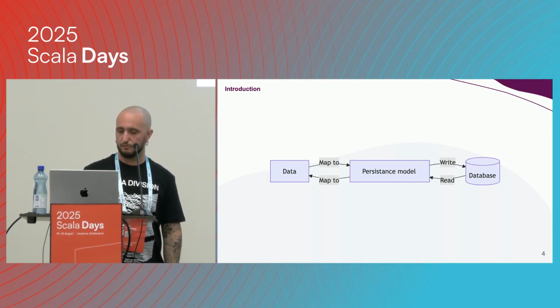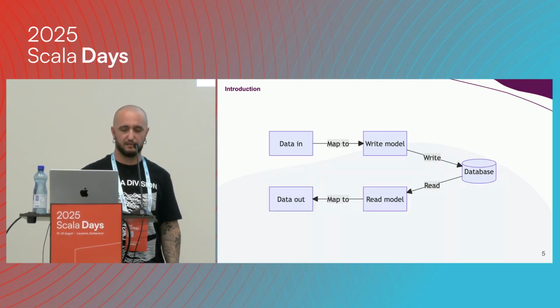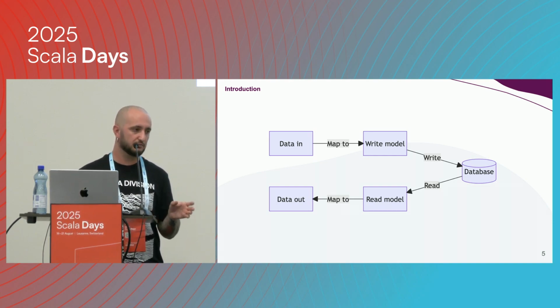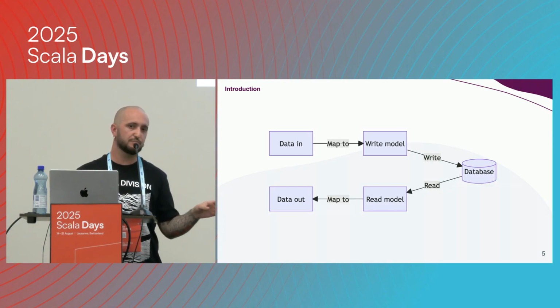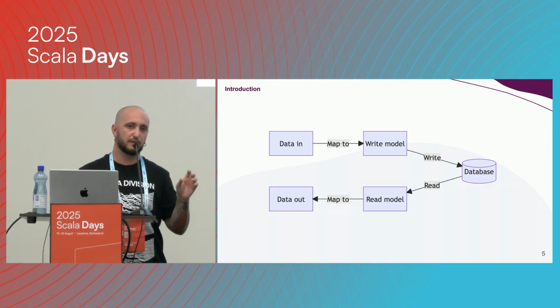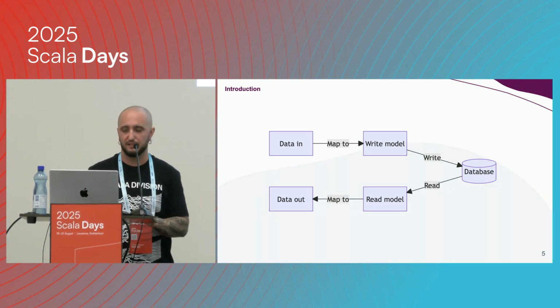What I'm going to discuss today is taking a step further, which is separating these models into two models, two different ones. One only for writing and one only for reading, or maybe even more for reading, but making the distinction between the ones that you use to write to the database and the one you use to read.